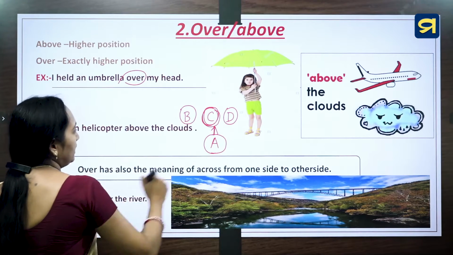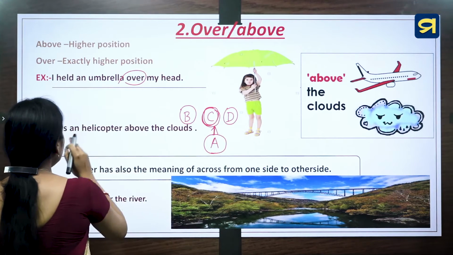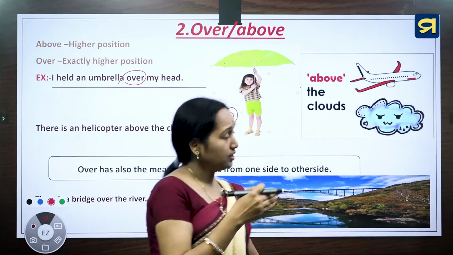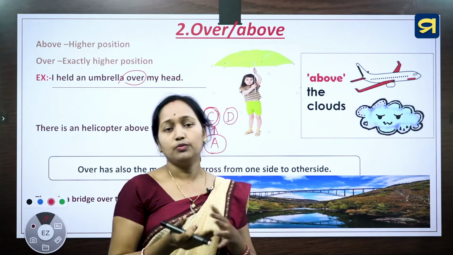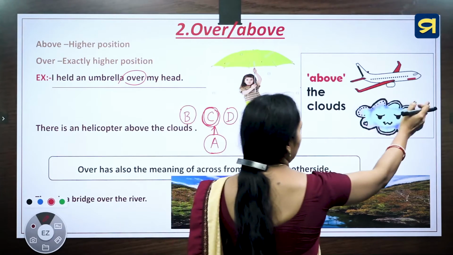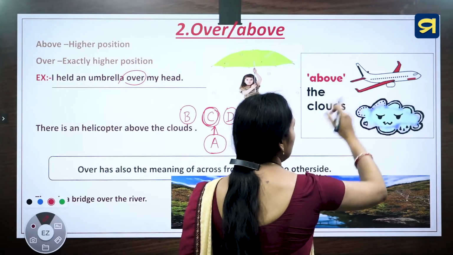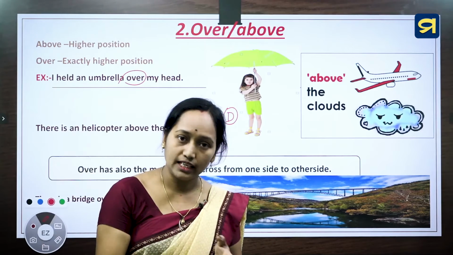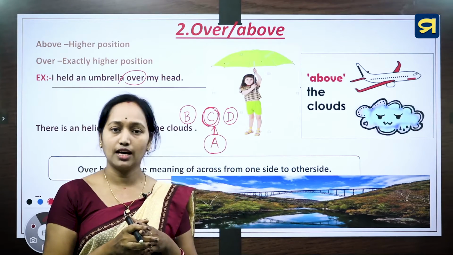And in the next image, there is a helicopter above the clouds. There is an aeroplane above the clouds. When an aeroplane moves from this side to that side, we can say there is an aeroplane or a helicopter above the clouds.